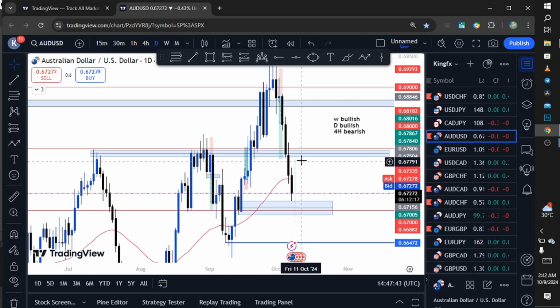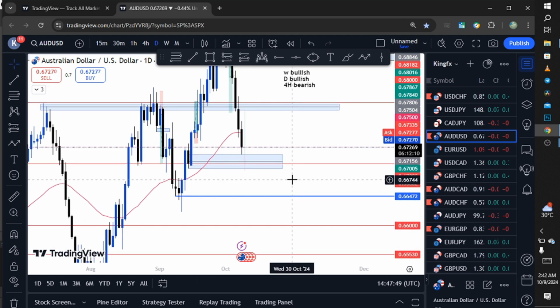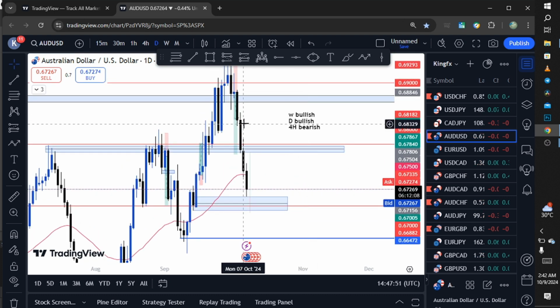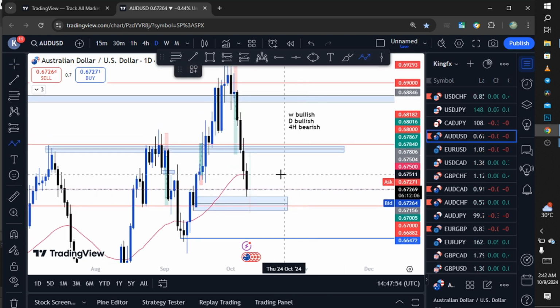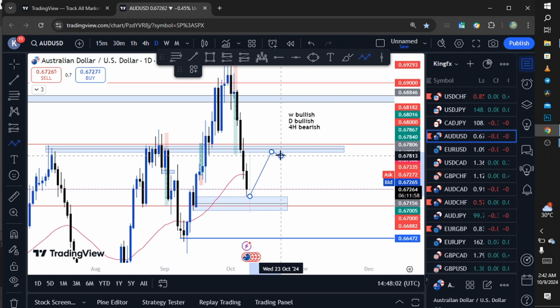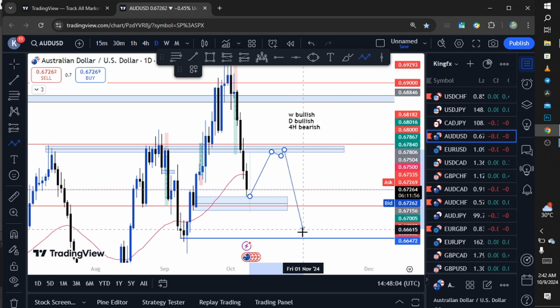Market could probably come and reject, creating left shoulder, head and right shoulder, then selling. So this buy is a short-term buy for me, because that's why my TP is somewhere here.